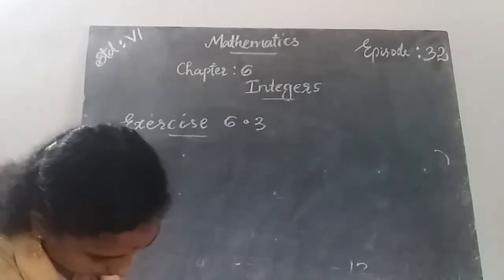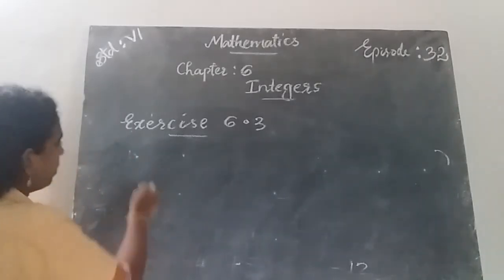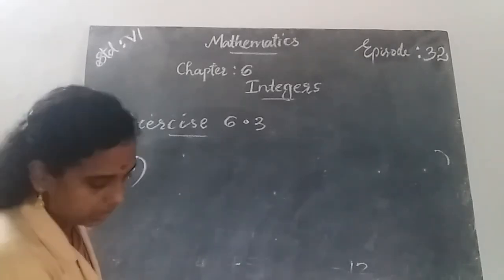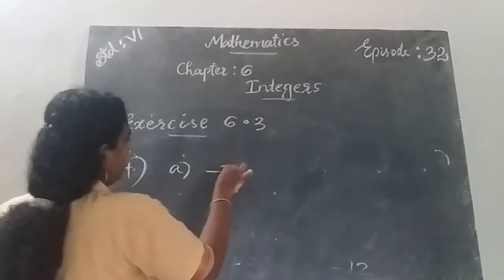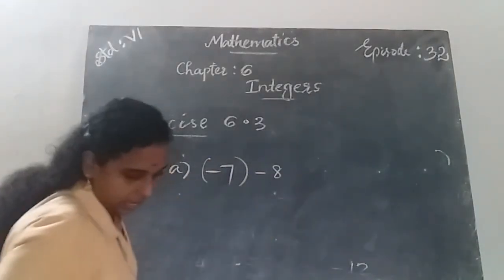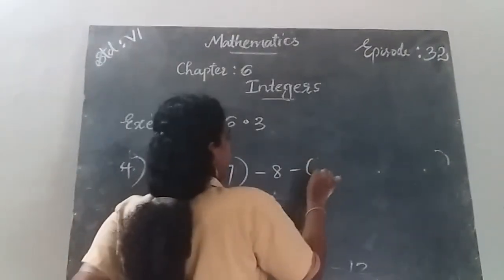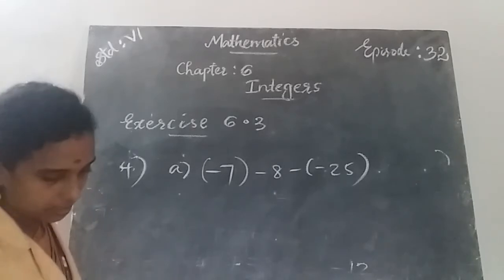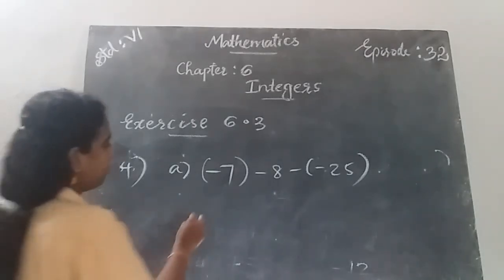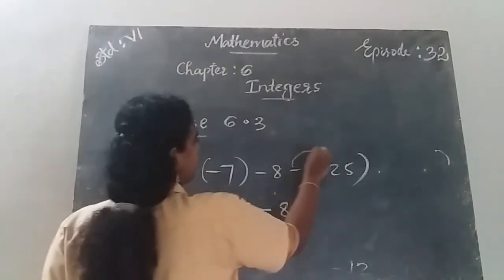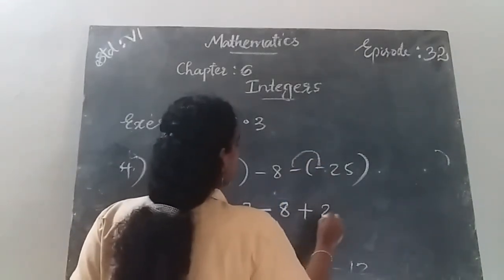Next question, find. First question, negative 7, negative 8, negative 25. Okay. Here negative 7 minus negative 8, these two minuses become positive.